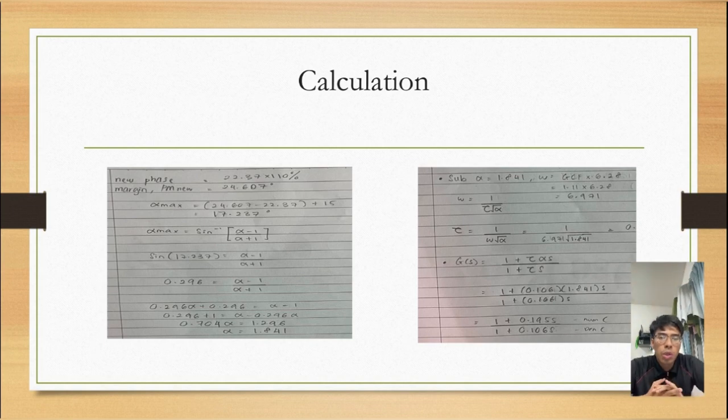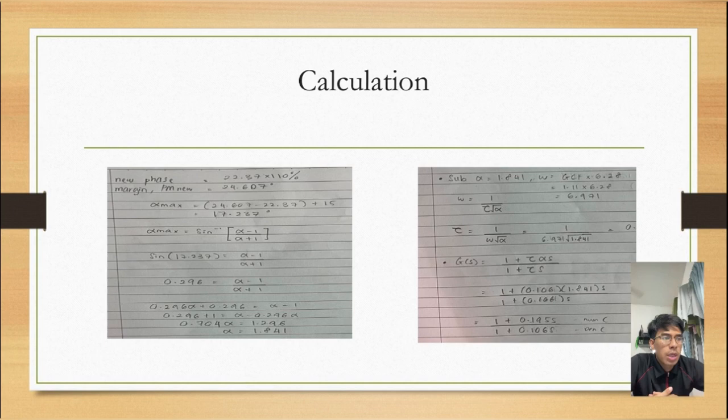After that, we need to find the value of alpha. We need to use the formula of alpha max equal to sin inverse of alpha minus 1 over alpha plus 1. By doing the algebra, we will get the value of alpha.